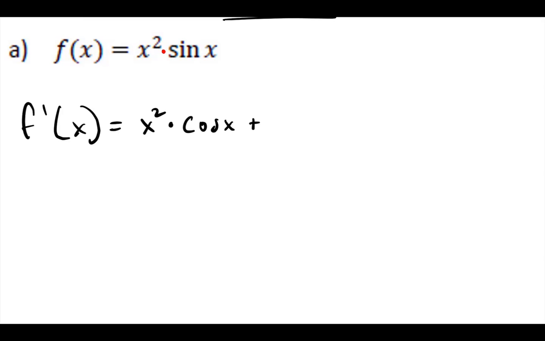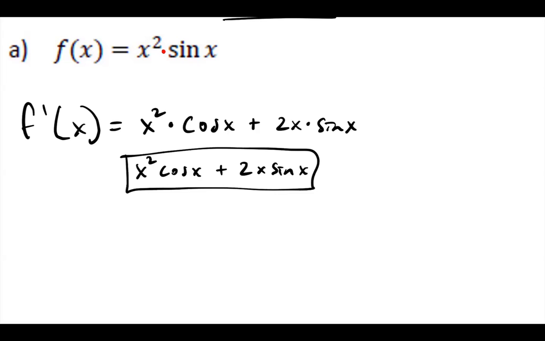Plus the derivative of the first, which is 2x, times the second. So I have x squared times cosine of x plus 2x times sine of x. You can't really reduce that. There's no way to combine them because one's cosine of x and one's sine of x. So there's really no way to do anything. Done.